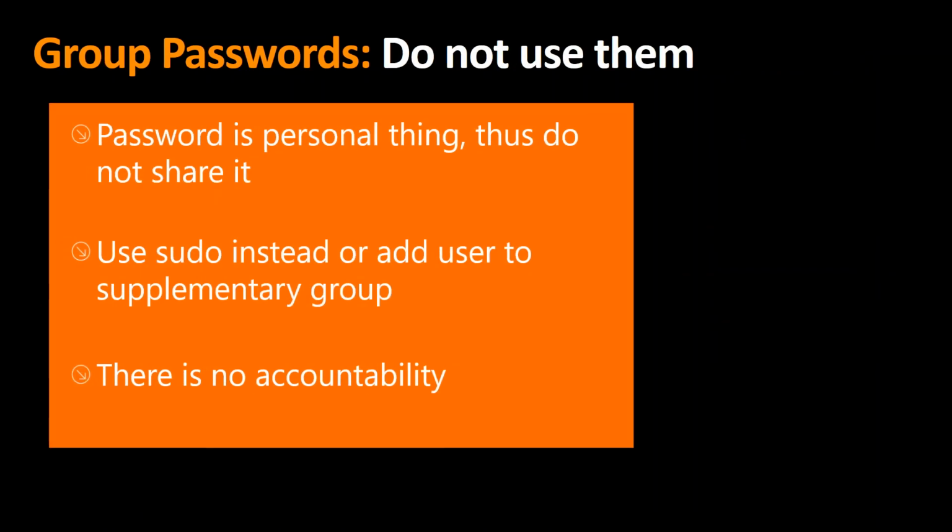So generally, don't use it. I will show you several alternatives. However, one of the most common is the usage of sudo. And I would say this is the recommended option for me, or adding just a user to a supplementary group, because on a Linux system, a user can be a member of multiple groups.